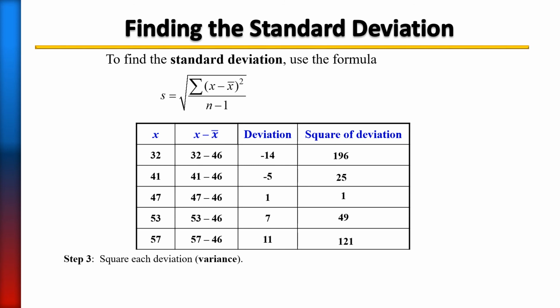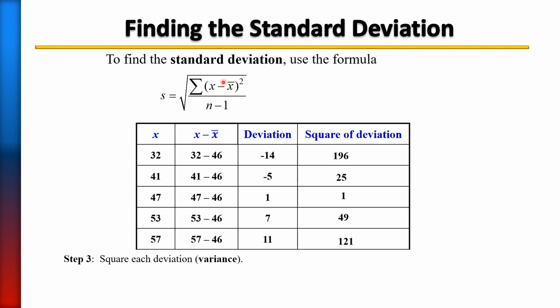Next, we want to go ahead and add up that column, because if we take a look at our standard deviation formula up top, we're trying to get our numerator number. We had each value. We subtracted our mean of 46 from it.